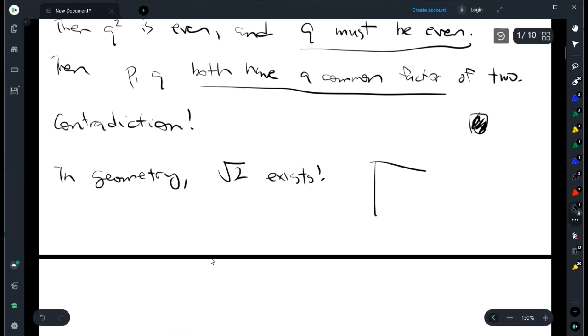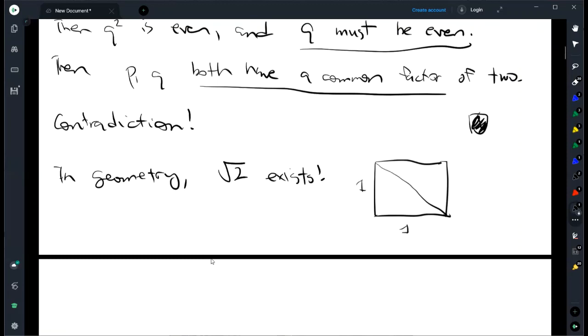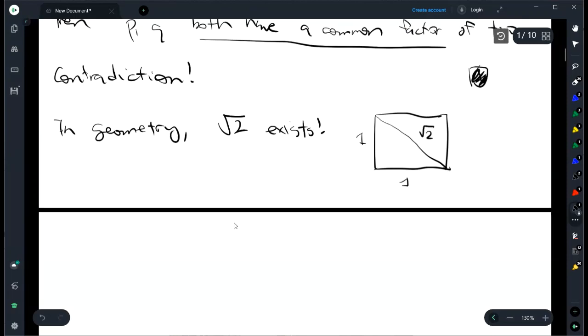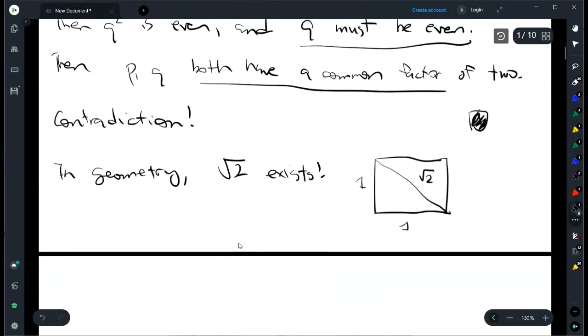In fact, the number square root of 2 can be thought as the length of the diagonal of the square whose sides are both equal to 1 unit. And so therefore we can write square root of 2 in terms of decimal numbers.